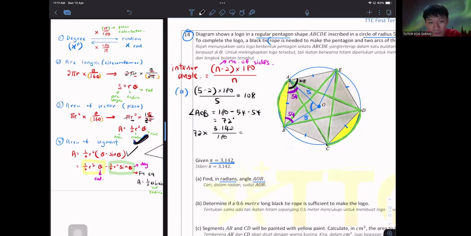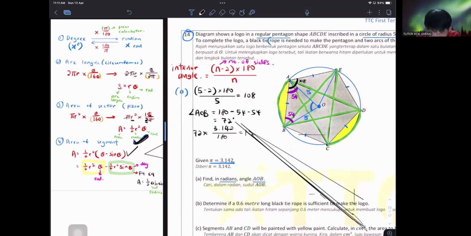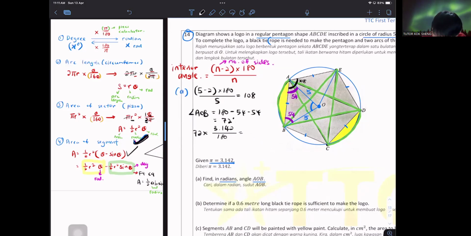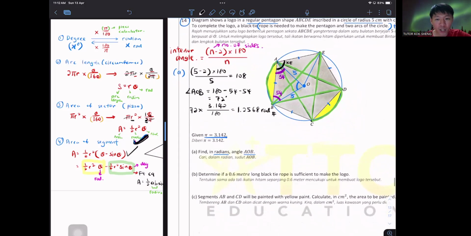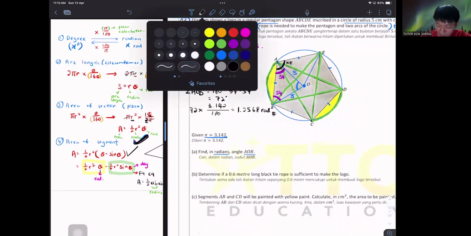Yeah, the pi is 3.142. 72 times 3.142 over 180 is 1.2568. Nice. One mark. Done. Okay, next.